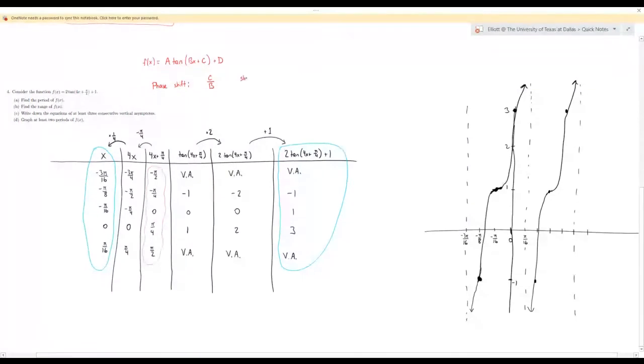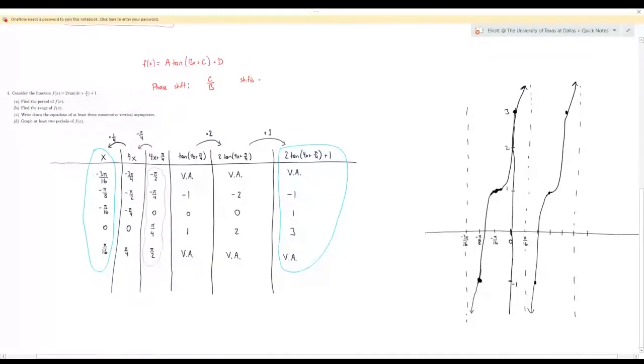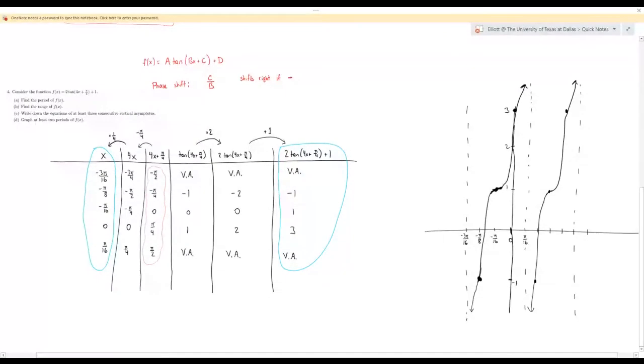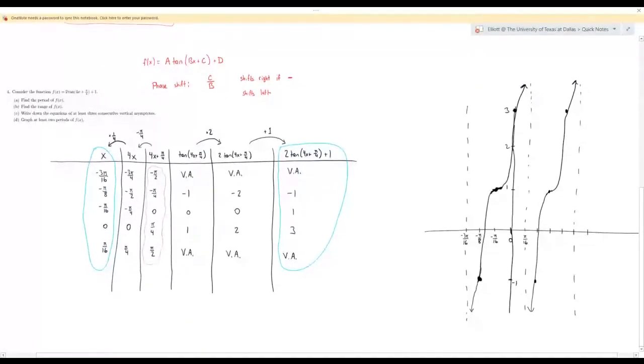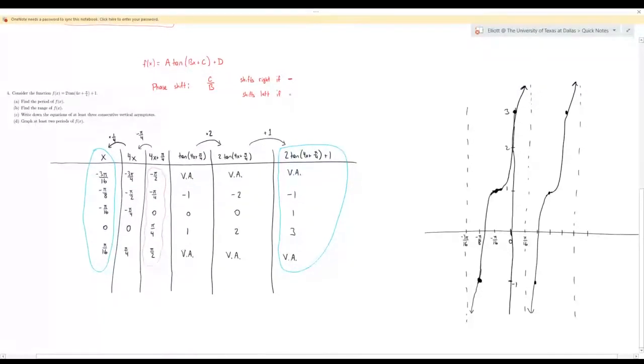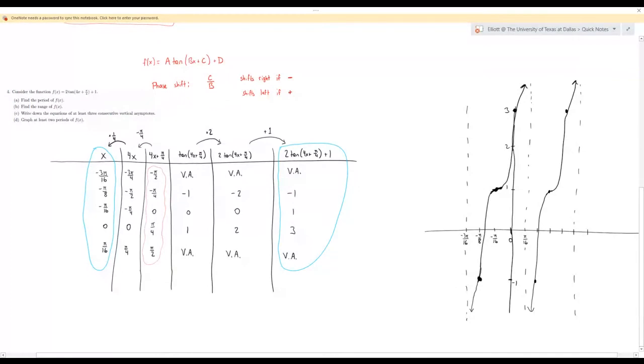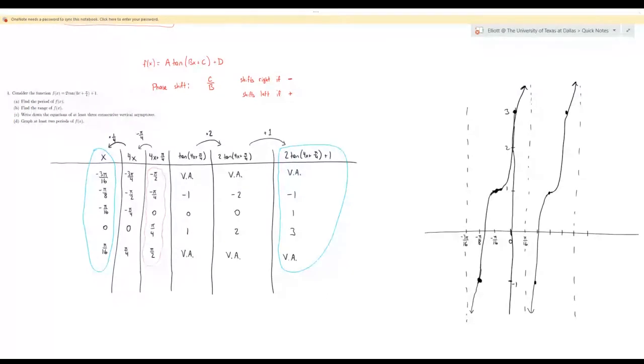So it shifts to the right if it was a minus, and it shifts to the left if you had a plus, right? Okay.